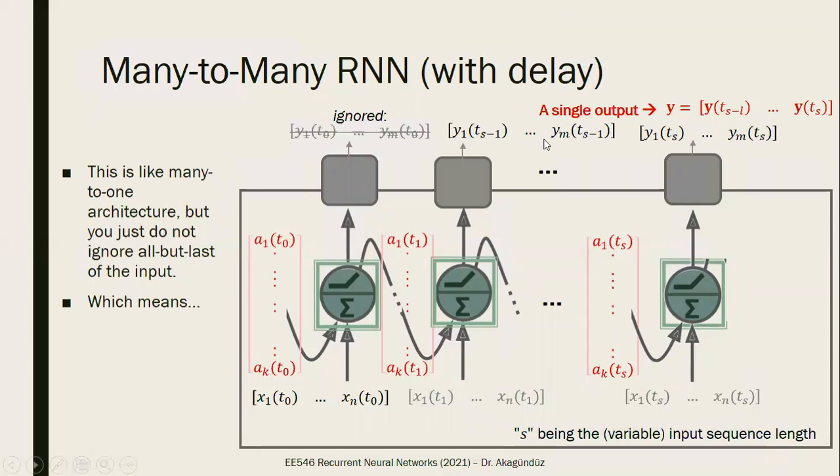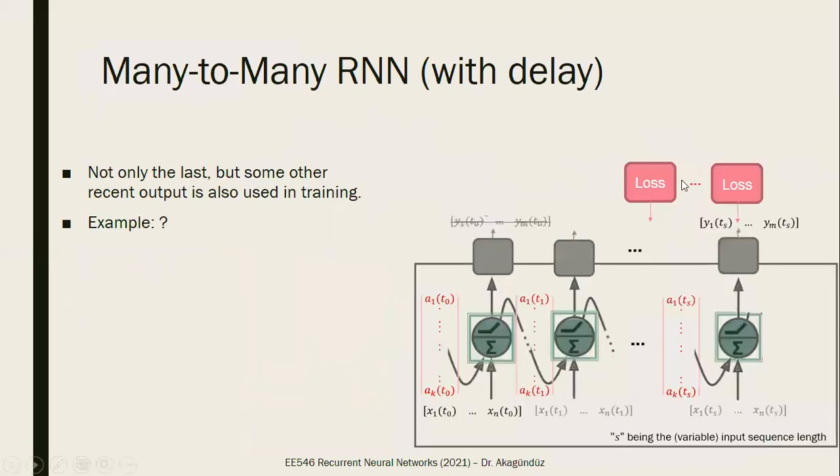You don't do that here. You ignore some of the first outputs, which are spent along the delay, but the rest of the output after the delay is counted, which means you are calculating loss for them, and you're feeding the loss back to your model. Okay, I think this was simple as well.